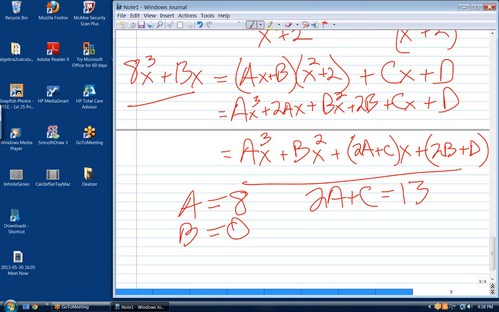And I can say that 2b plus d has to equal 0, because there's no constant on the left either. Okay, this allows me to solve for c. If I've got 16 plus c equals 13, c must equal minus 3. And if b is 0, d has to be 0. So I've solved for a, b, c, and d.